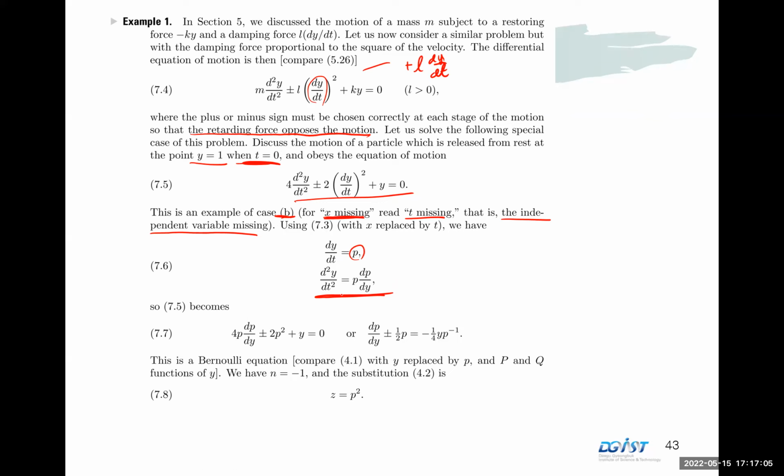And using this relation, because dy dt is just p, we can take one more derivative, and the second derivative corresponds to p dp dy. So we have this one. So we can substitute the second order and first order derivatives with this one. So we can write this form.